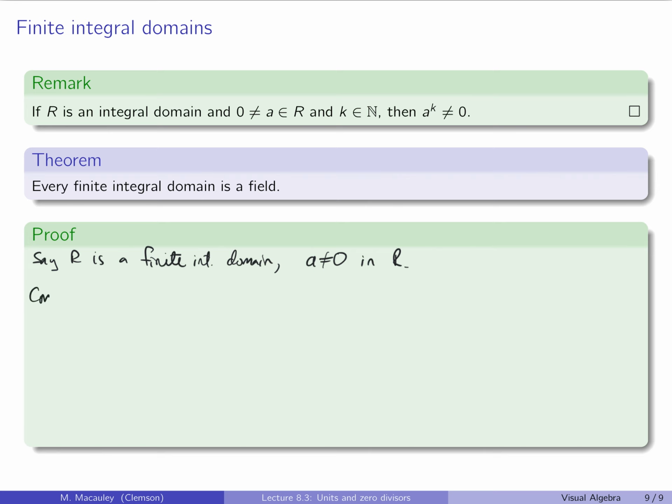So consider the sequence a squared, a cubed, a to the fourth, a to the fifth, etc., which, because the ring is finite, must repeat.